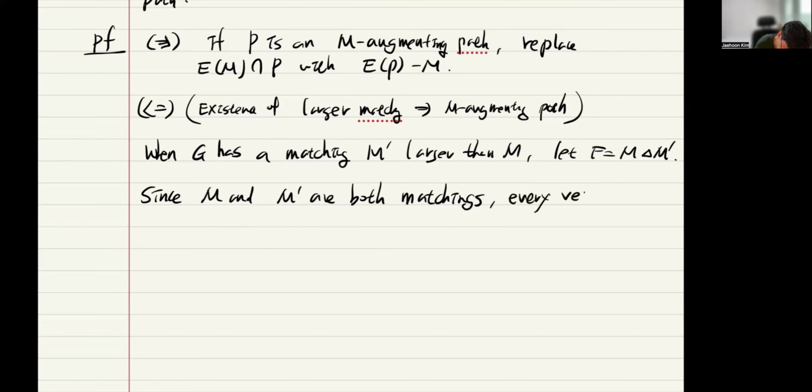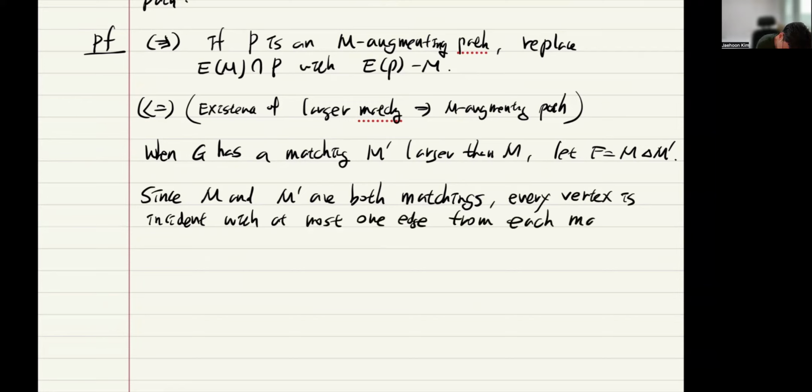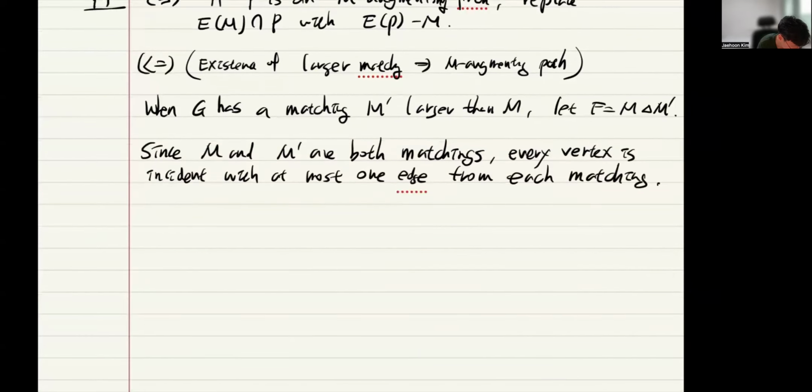So every vertex is incident with at most one edge from each matching. Hence, the maximum degree of F is at most 2.